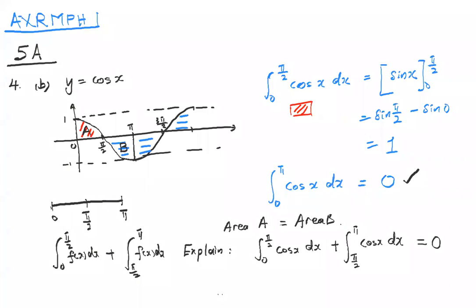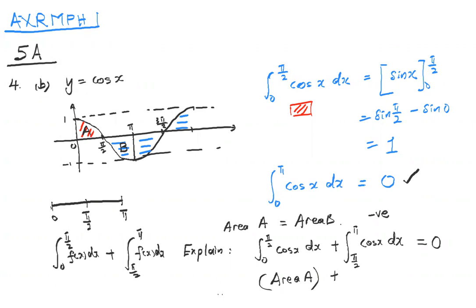So according to the diagram, this is area A. According to the diagram, this value will be negative, correct? The value of that will be negative. So can I say it is area B?